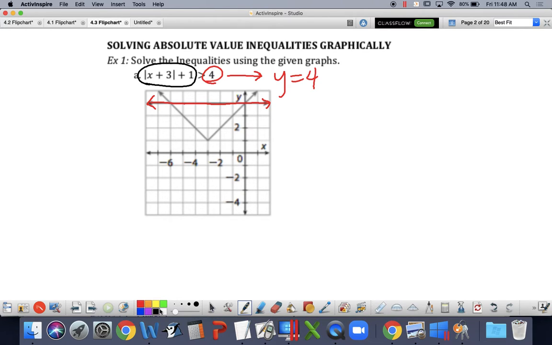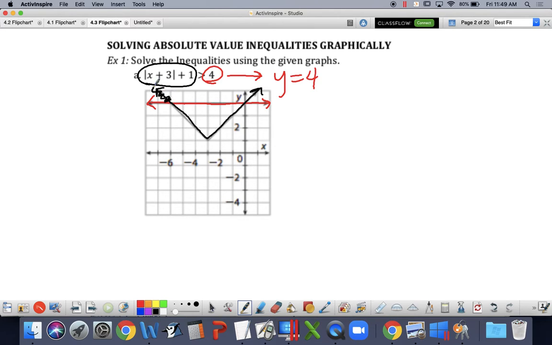So now looking at this absolute value function, I want to know for what intervals is the absolute value function greater than 4? And when I ask for these solutions, I want for what x values is this true? So when I look at my function, I say, okay, here's my line, y equals 4. When is the absolute value function above it?